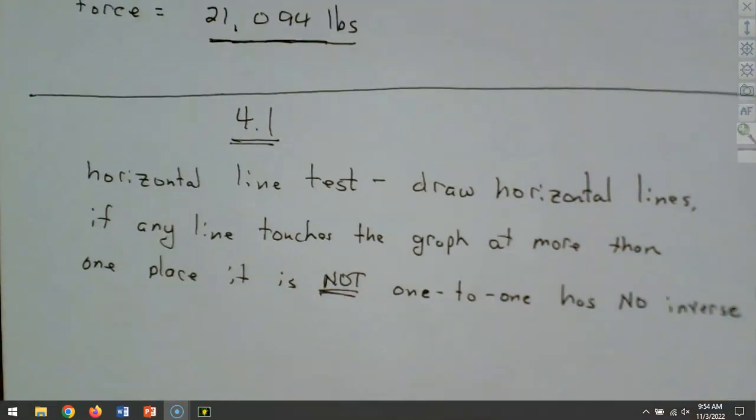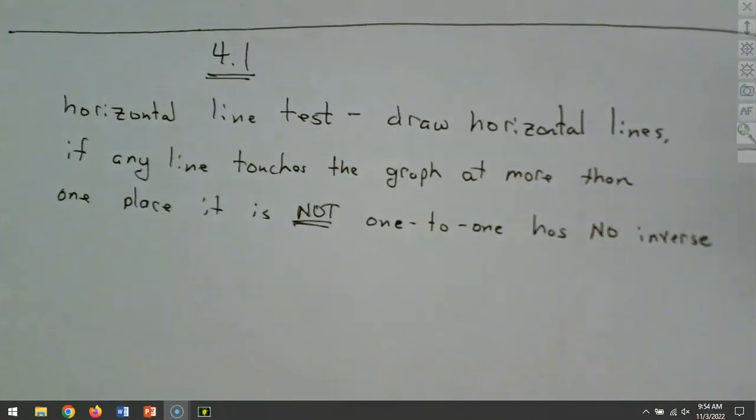So when we did the vertical one, we talked about functions, and you drew those vertical lines, and that told you if it was a function or not. Now we're going to be talking about horizontal line tests, and they tell you if it has an inverse.